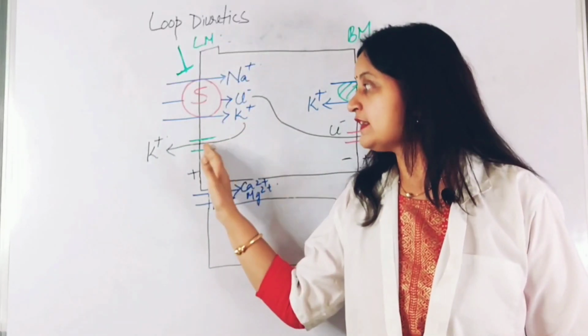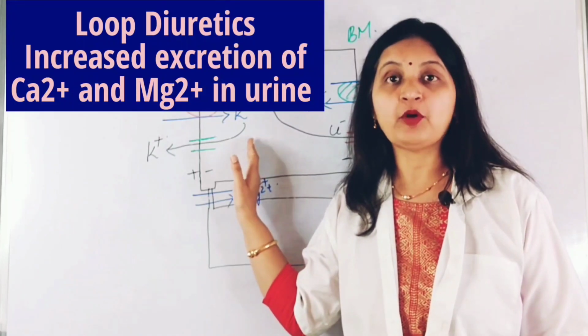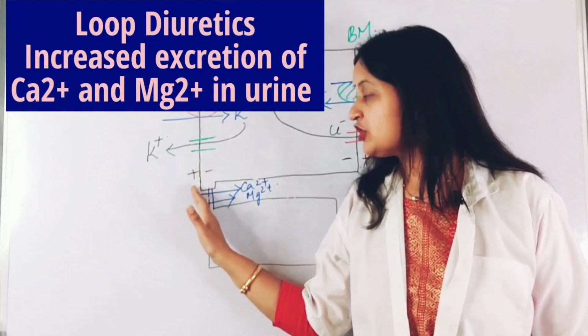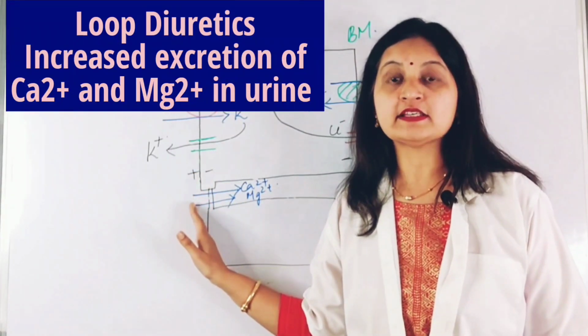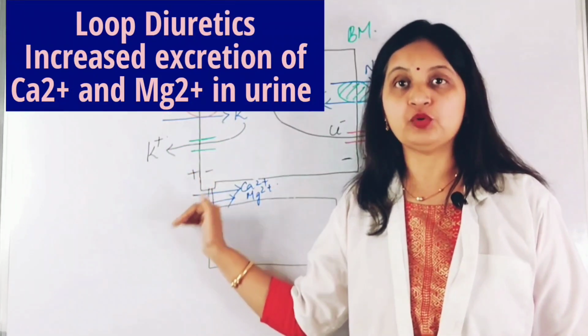Also, the transepithelial potential difference is abolished, and because of this, calcium and magnesium reabsorption is blocked. So this causes increased excretion of calcium and magnesium in urine.